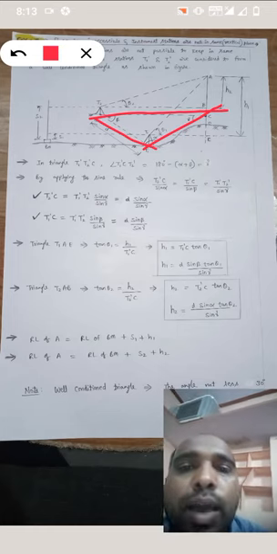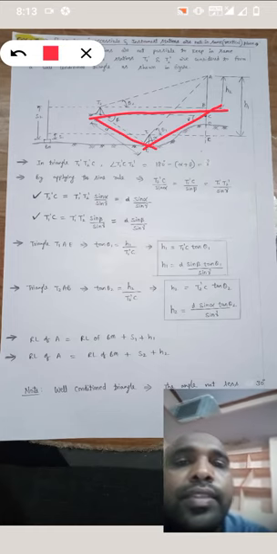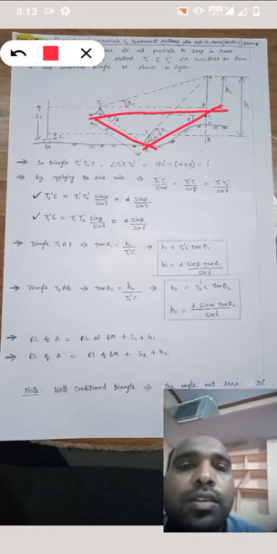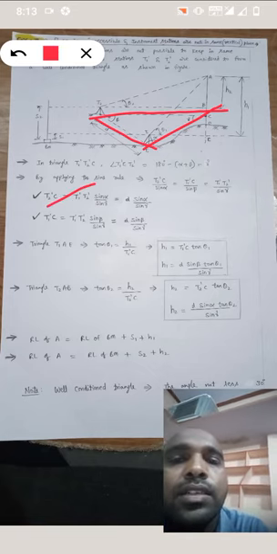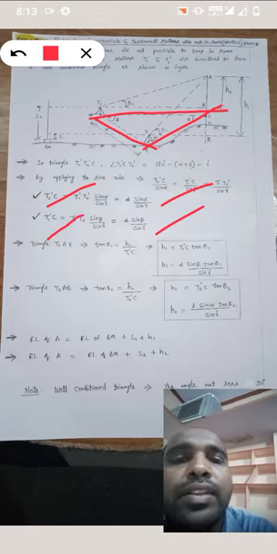By applying this rule, we are finding the original lengths among them. By applying the sine rule, we are finding T2 dash C and T1 dash C, and finally we get these values.